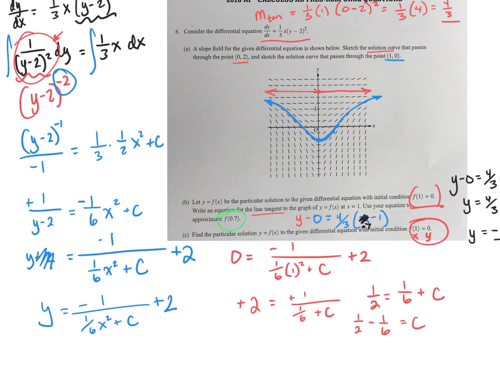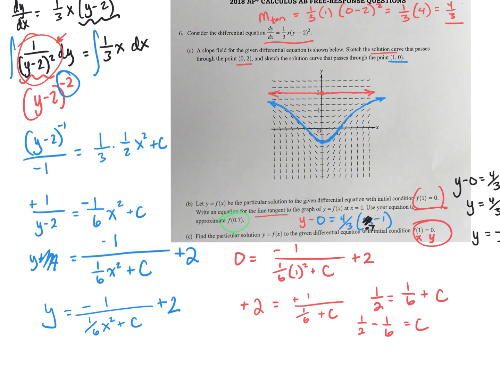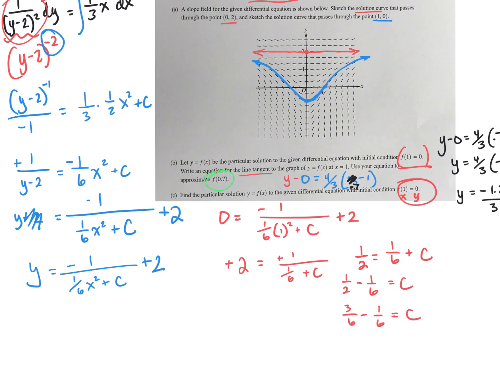And I should make a common denominator. So instead of 1/2, I'll call that 3/6 minus 1/6 equals c, and it looks like c is going to be 2/6 or a 1/3. So reduce that to 1/3.